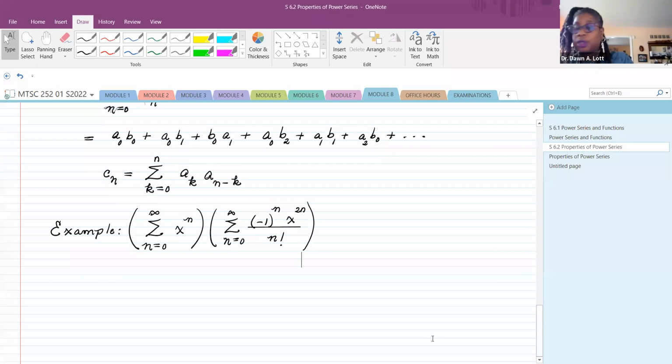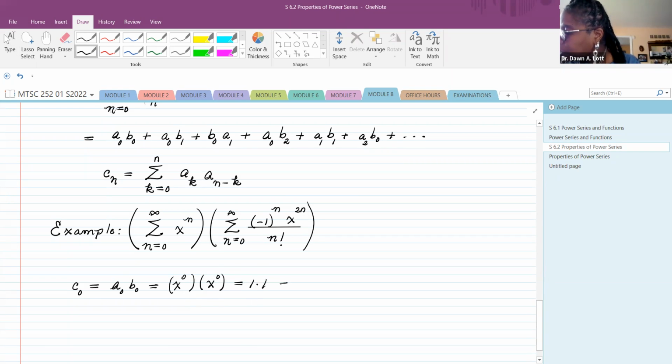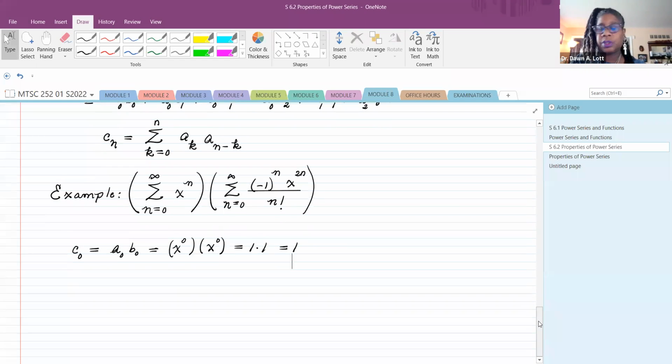All right, so the first term is going to be a0, b0. So the first term is going to be x to the 0, and then the first term of here is going to be negative 1 to the 0, x to the 0, x to the 0 over 0 factorial. So this is 1 times 1. That's 1. That's the first term of the series.